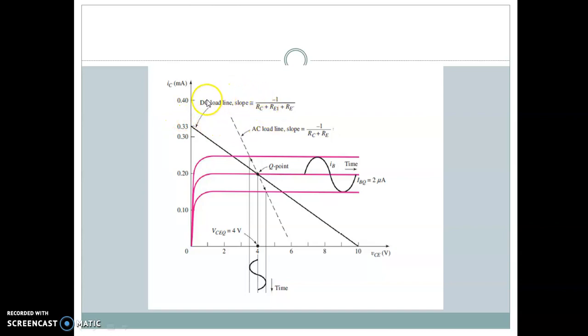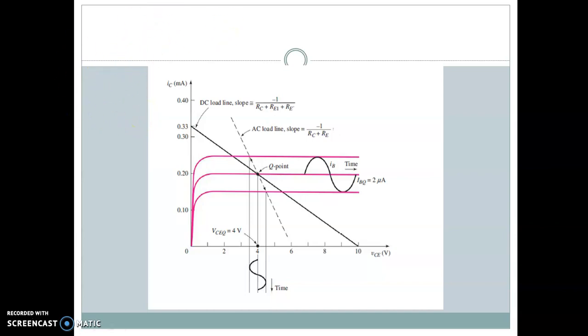Therefore that value we cannot choose. Maximum we can have only 0.33. From 0.2 it can swing up to a maximum of 0.33. You cannot go beyond that, because if you go beyond that, your signal will get clipped off. So it is only 0.13 milliamps you can swing.